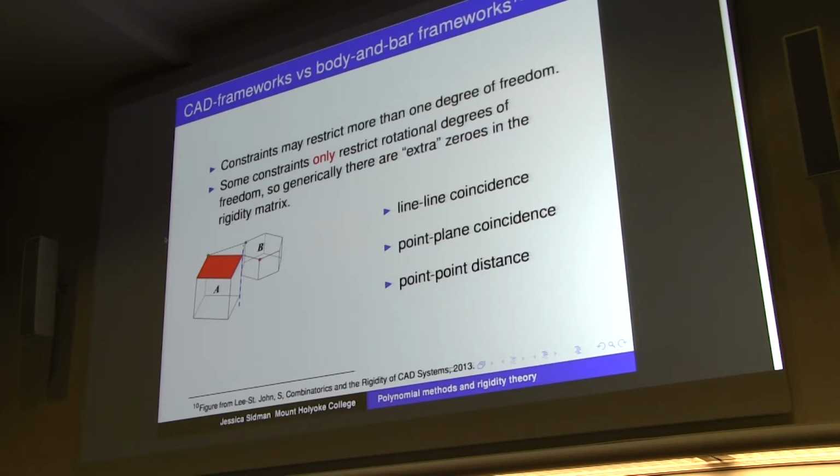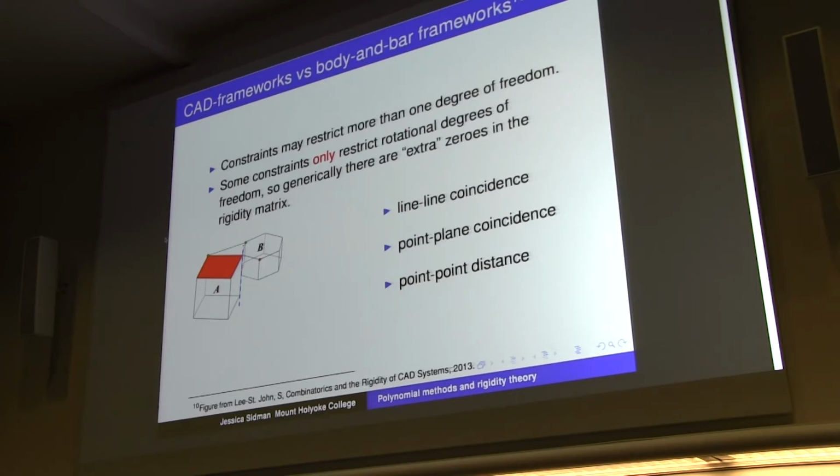Here is an example of a minimally rigid framework. Just to go through how this works, the blue dashed line is a line-line coincidence, and that will eliminate 4 degrees of freedom. I can still slide up and down this way and rotate this way. Those are my 2 degrees of freedom left. I then have a point-plane coincidence.